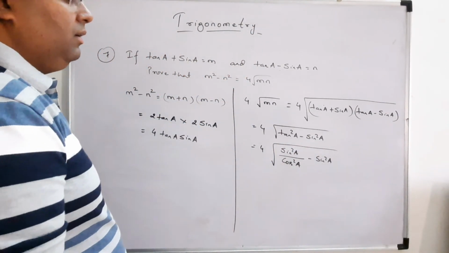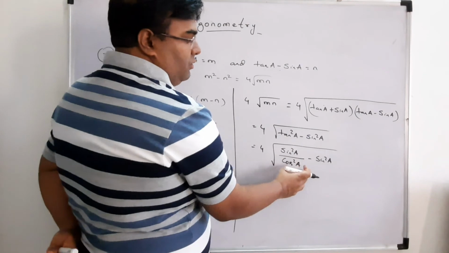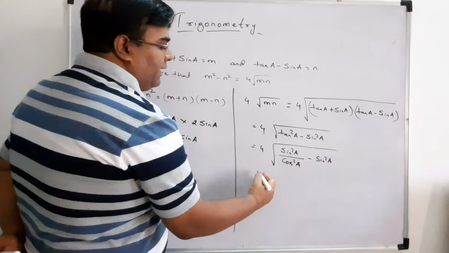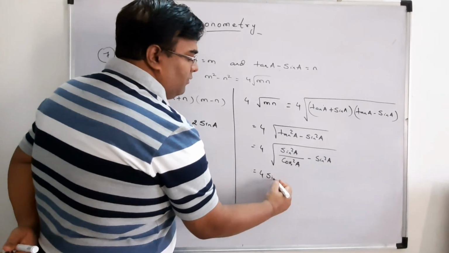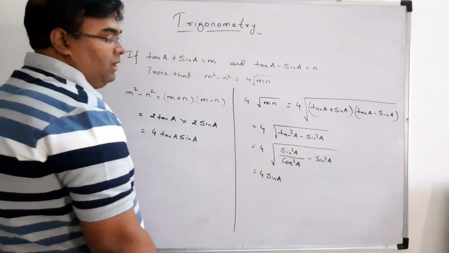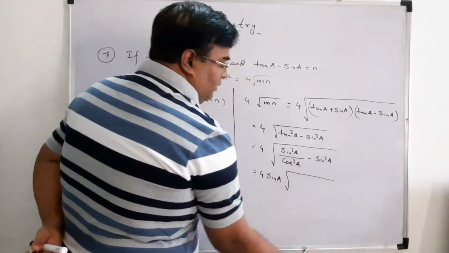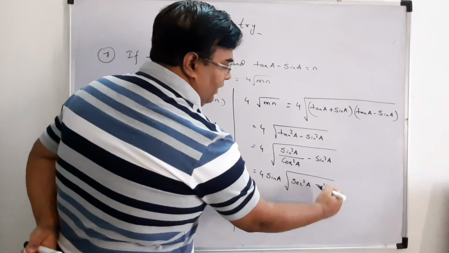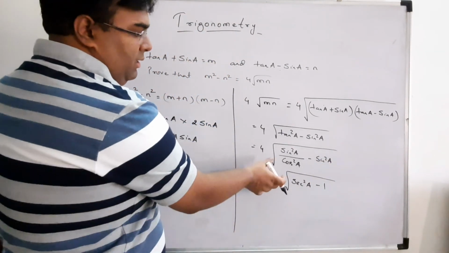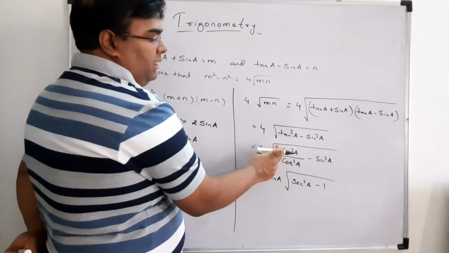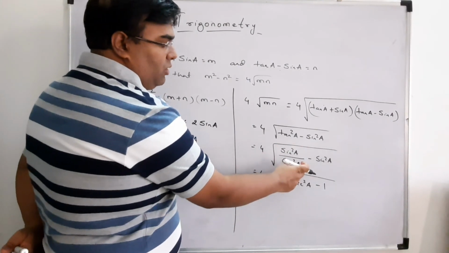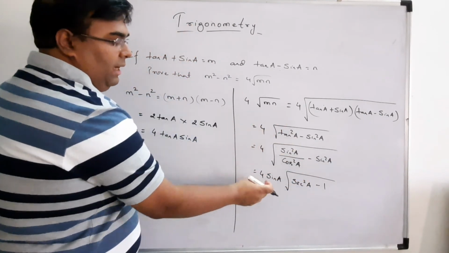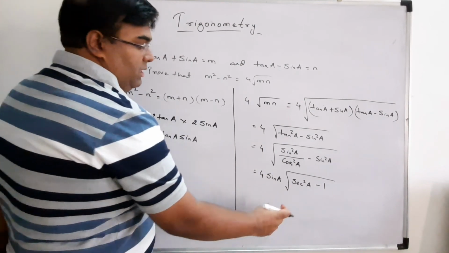Right? Now you can take the sin square A as common from here also, from there also, right? And when you take out, the square root and square will get cancelled, so you will get 4 sin A. And this 1 by cos square A is what? Sec square A, and here it will be only 1. Understood this step? What I have done, I have taken sin square A common, so it will become 1 upon cos square A, which is sec square A, and here it will be 1, and this sin square A will come out as sin A. Now what is sec square A minus 1?